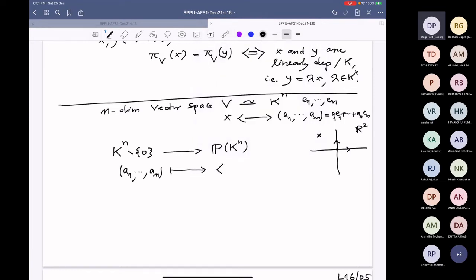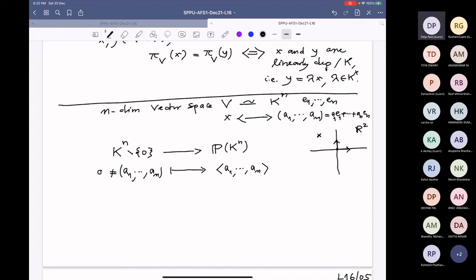This is what we have written. And remember, this is a non-zero point. That means one of them is non-zero. And what does this mean? This means a line determined by this vector.